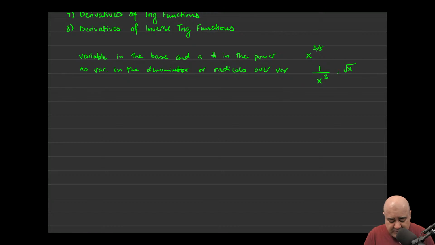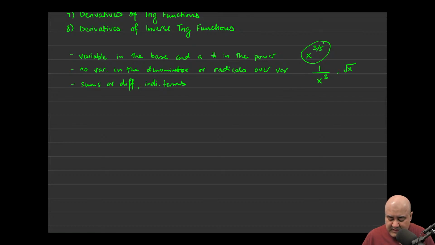And the third condition that needs to be satisfied is that you can only use it with sums or differences, or if you have individual terms. So if you just have a single term by itself and it satisfies the first 2 conditions, you can use the power rule.